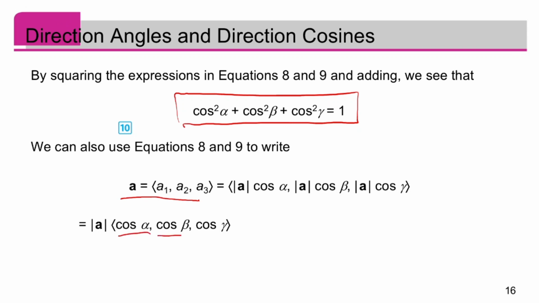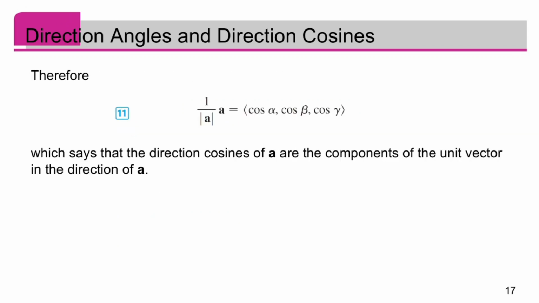If you know these angles or the cosines, then you can determine the direction that a is pointing. So these cosines provide you with a unit vector that points in the direction of a, which will be useful later on.